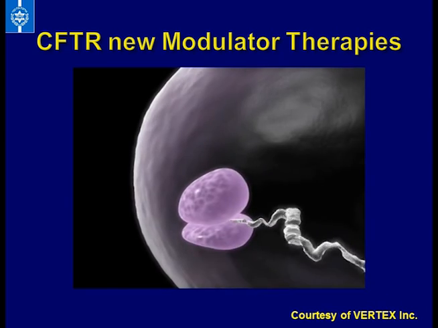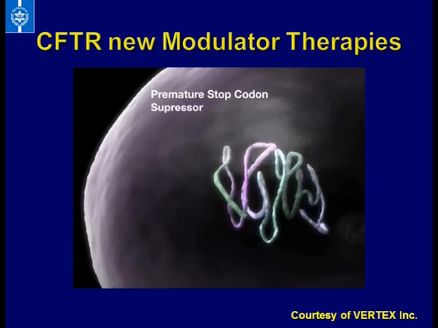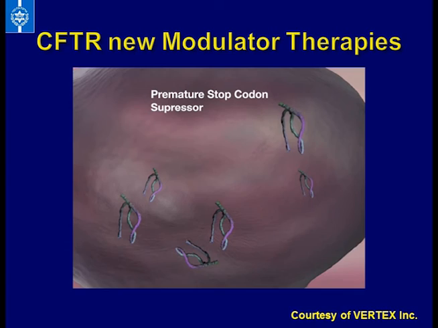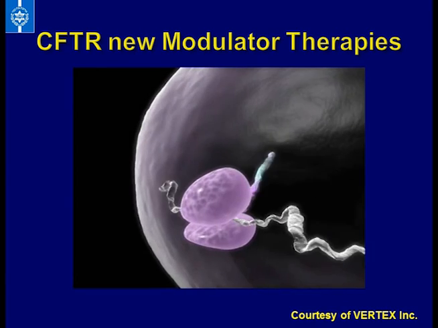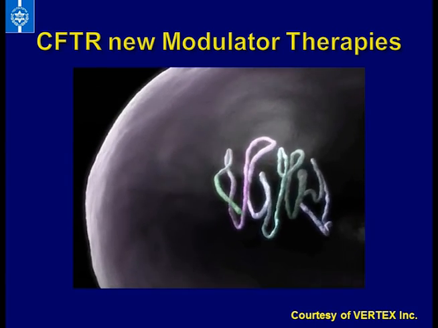To address this problem, agents are under investigation that suppress the premature stop codon, allowing translation of a full-length CFTR protein that then reaches the cell surface, where it may be able to transport chloride to the airway lumen.